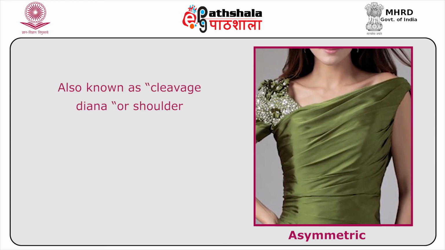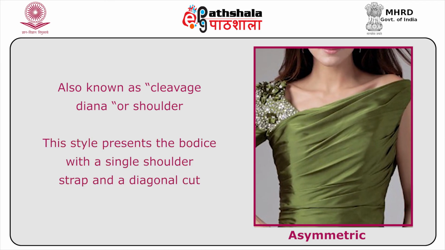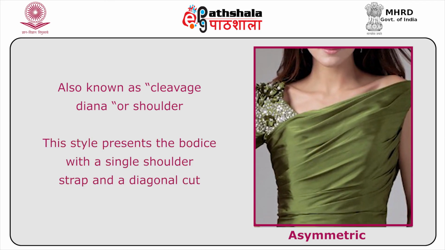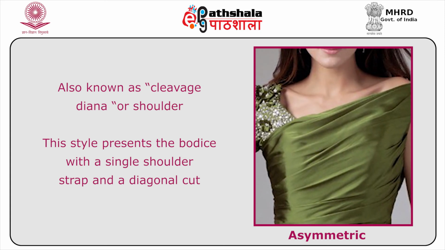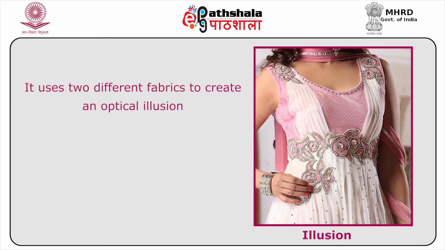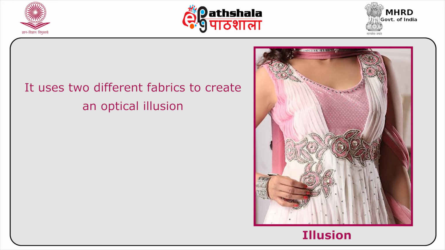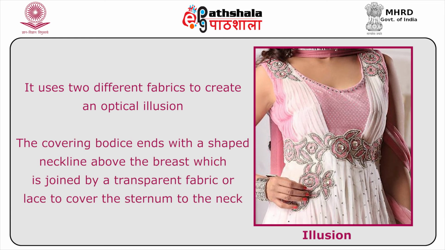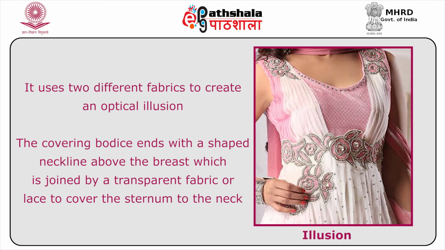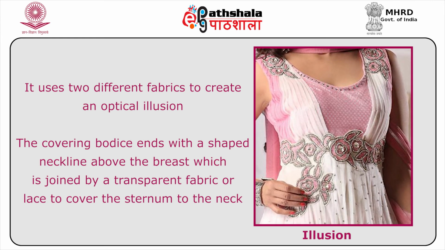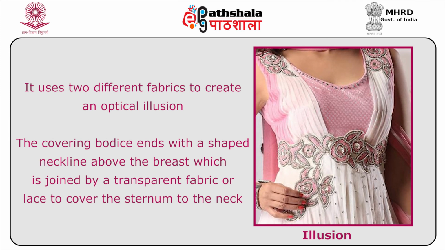Asymmetric, also known as cleavage Diana or one shoulder, this style presents the bodice with a single shoulder strap and a diagonal cut. Illusion, it uses two different fabrics to create an optical illusion. The covering bodice ends with a shaped neckline above the breast, which is joined by a transparent fabric or lace to cover the sternum to the neck.